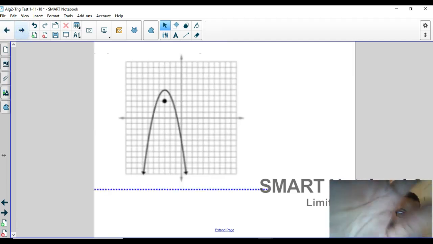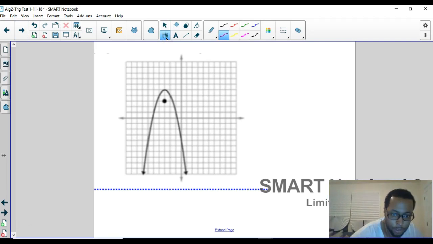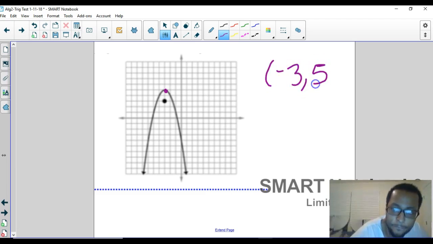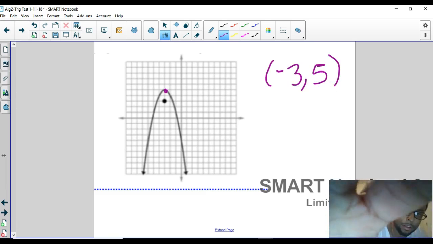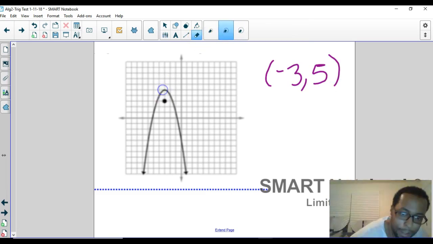So again, we're going to kind of work backwards. Our parabola is right here. Let's do the counting: -1, -2, -3, and then 1, 2, 3, 4, 5. So our parabola is going to be -3, 5. Let me just confirm that because I have the dot there.